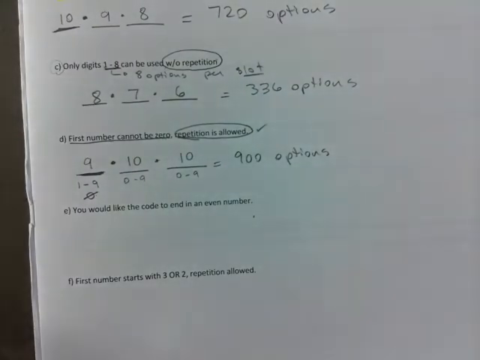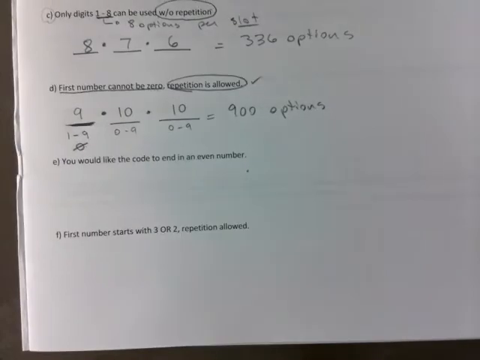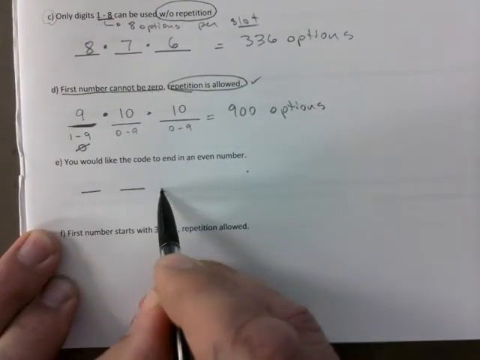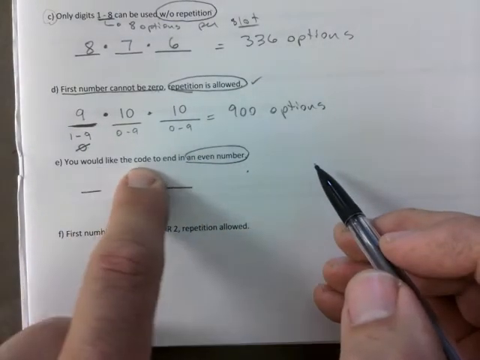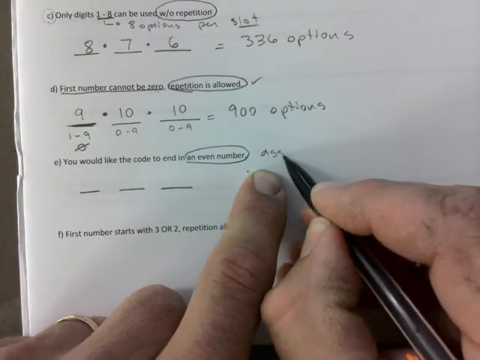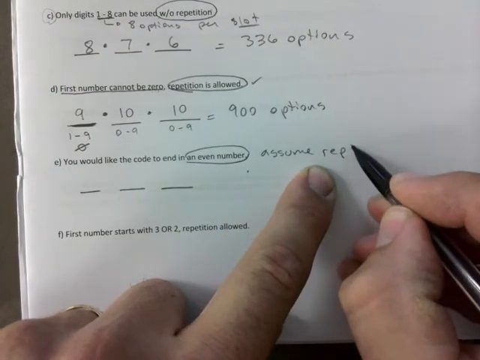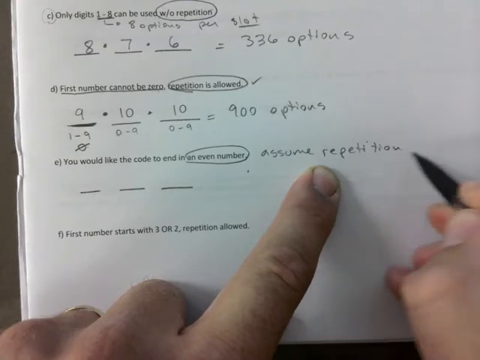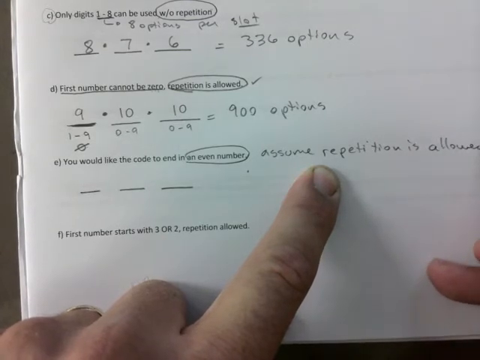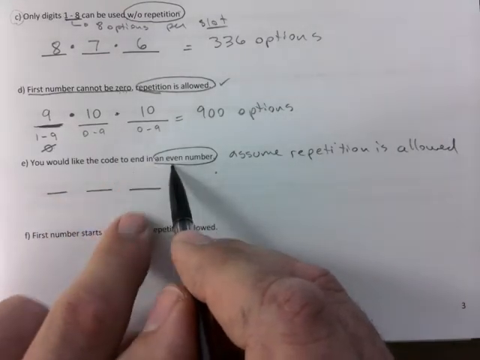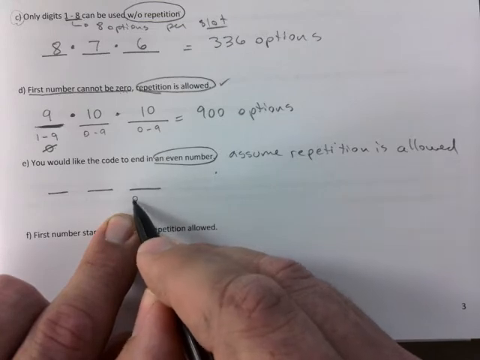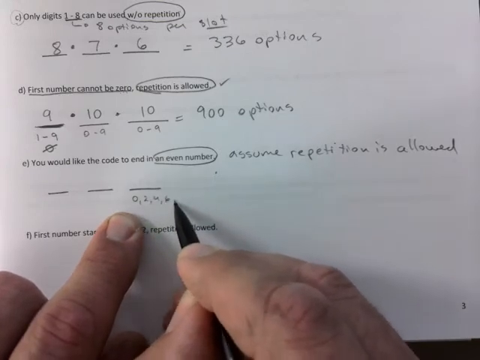You would like the code to end in an even number. It doesn't say anything about not repeating, so assume repetition is allowed. If it doesn't say you can't repeat, then we're assuming you can. So for the even number at the end, you can only use 0, 2, 4, 6, 8.